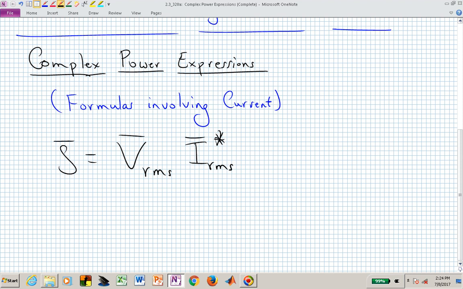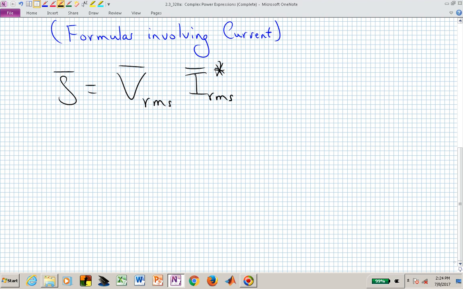We want to only assume that we have access to the currents, which means we need to rewrite the voltage in terms of current. That's doable by applying Ohm's law in a general form, which says that the impedance times the current flowing through that impedance will give us the voltage dropped across that impedance.